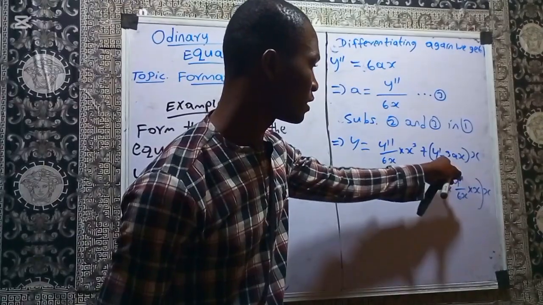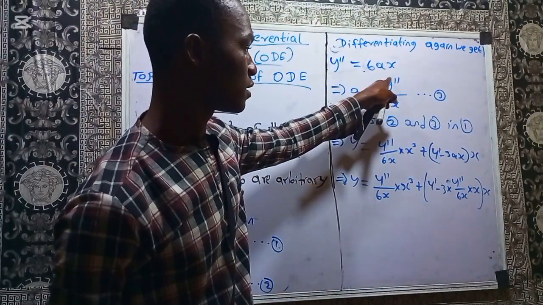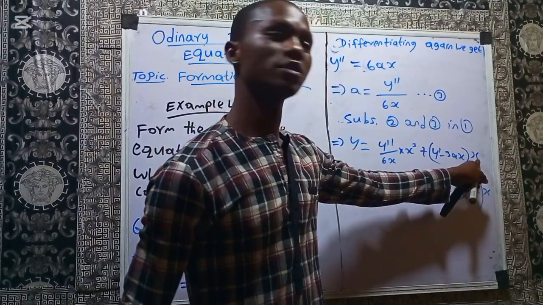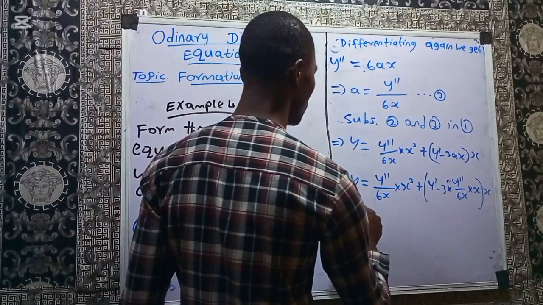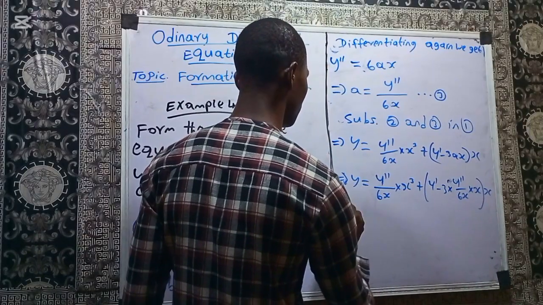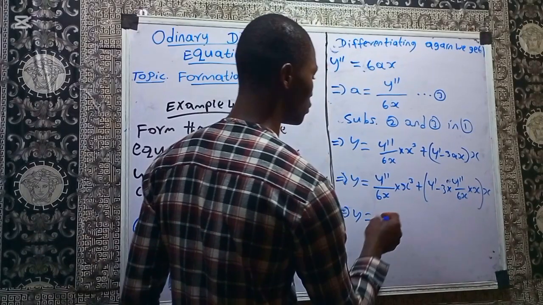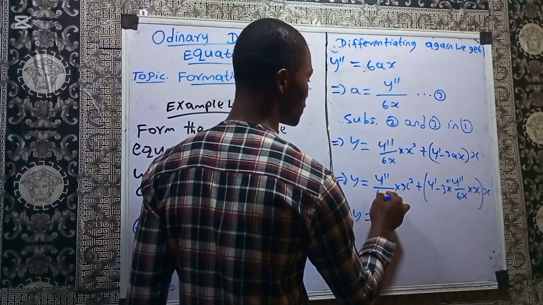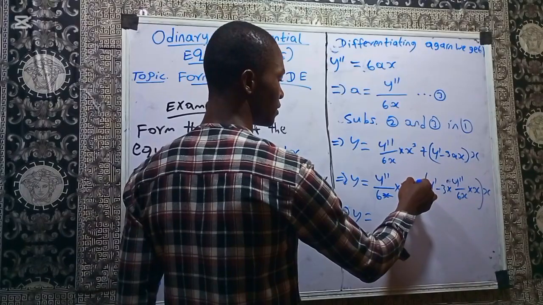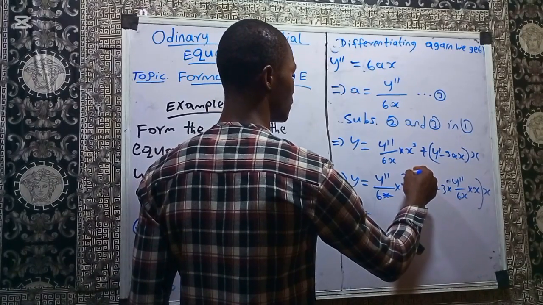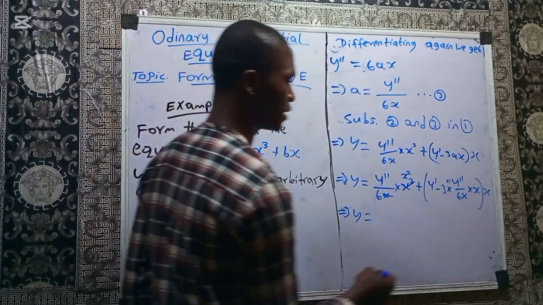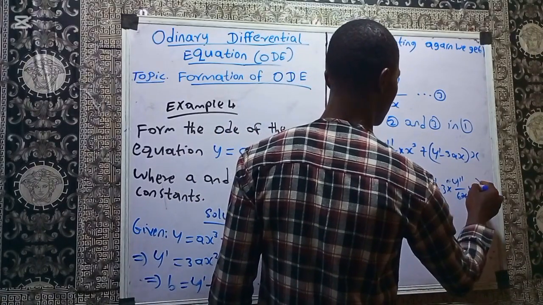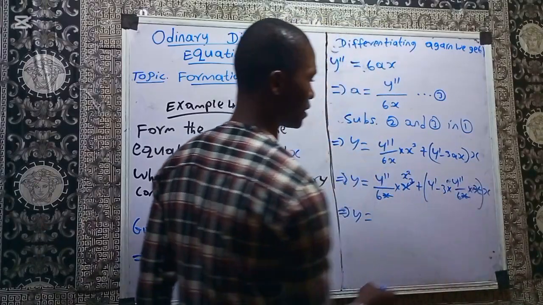So in this place I have 3 multiplying a, this is my a, multiplying x, then all multiplied by x. So this is equal to, x can cancel one of the power of this x, the remaining is x squared. Then this x can cancel this x.